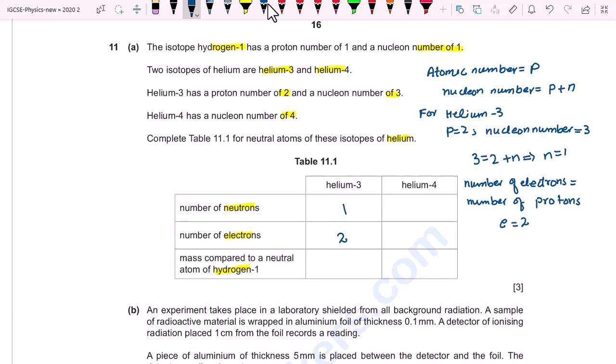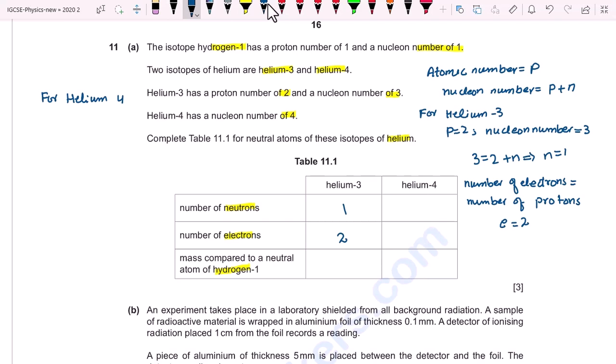Now we consider helium-4 and do the same procedure. I write here for helium-4. The number of protons in isotopes is always the same. As we know, helium-3 and helium-4 are isotopes of helium, and isotopes are those elements that have the same atomic number, meaning the number of protons remains the same, but the nucleon number is different.